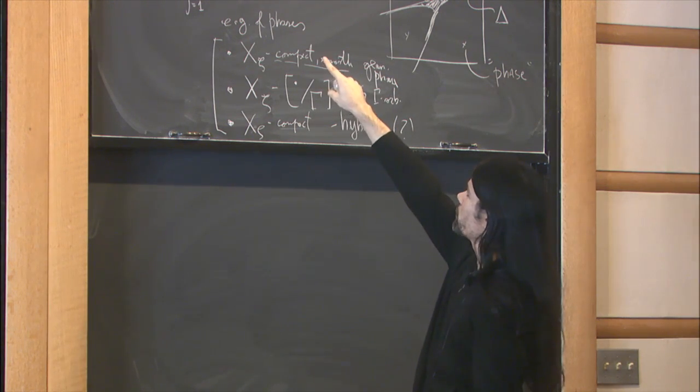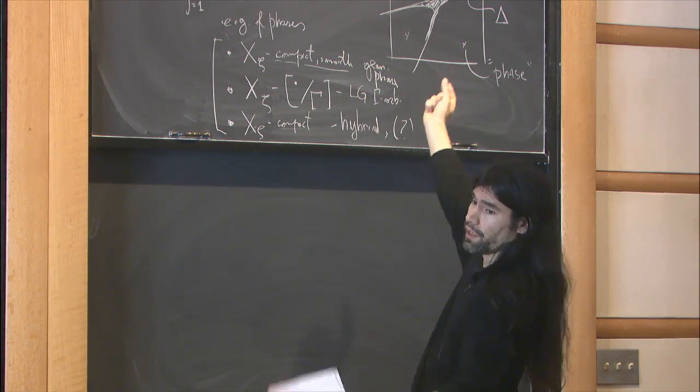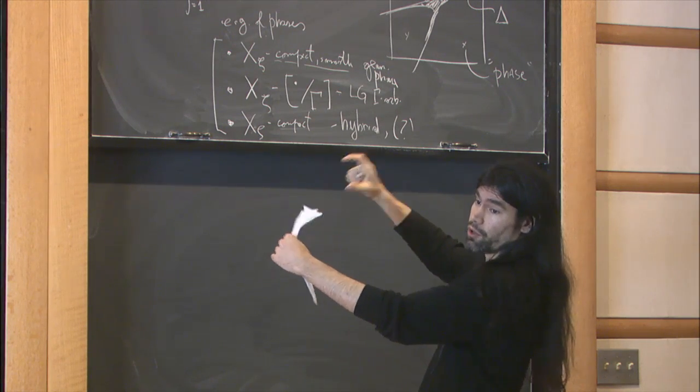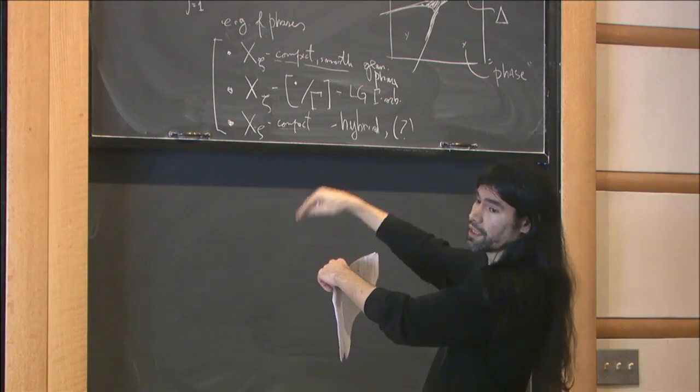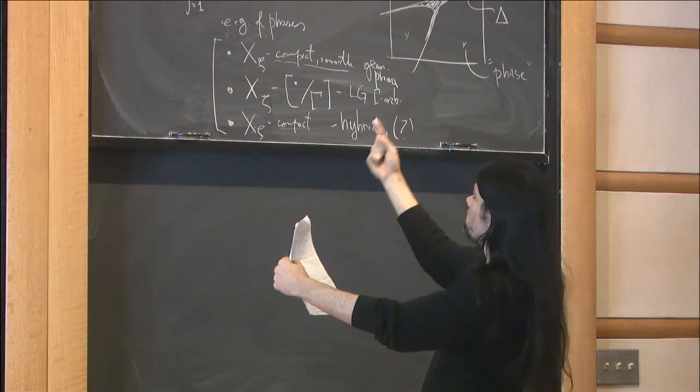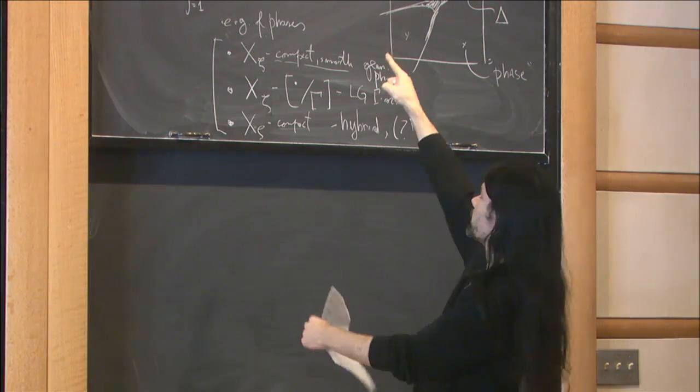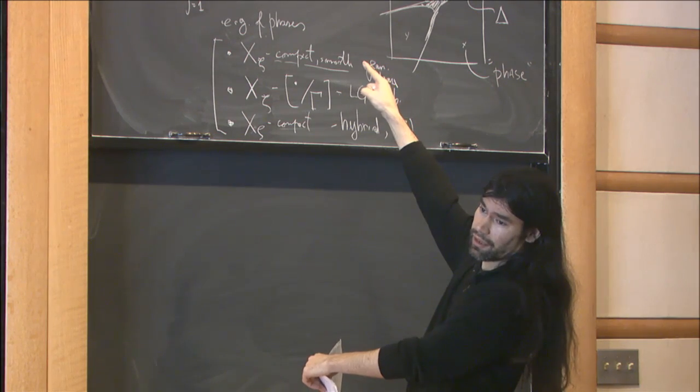If you have a mirror of the Calabi-Yau, the Kähler moduli will be identified with the complex structure moduli of the other Calabi-Yau. If you look at the critical points, at the singular points, that will be delta.